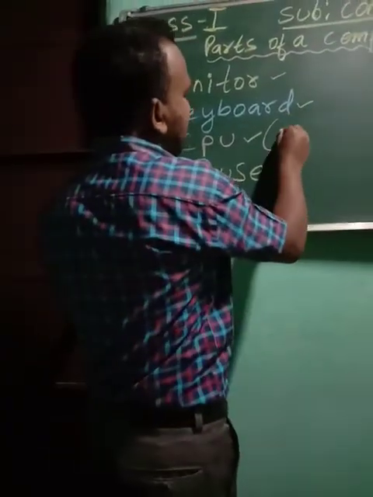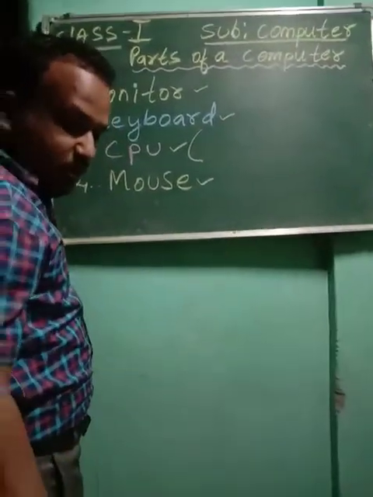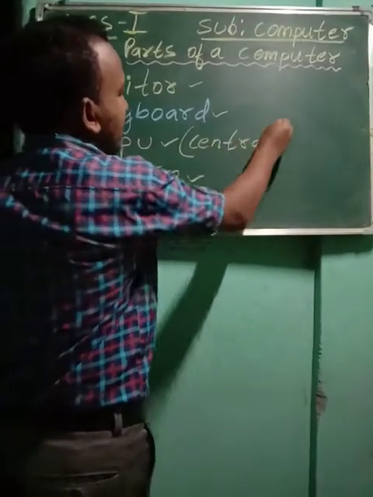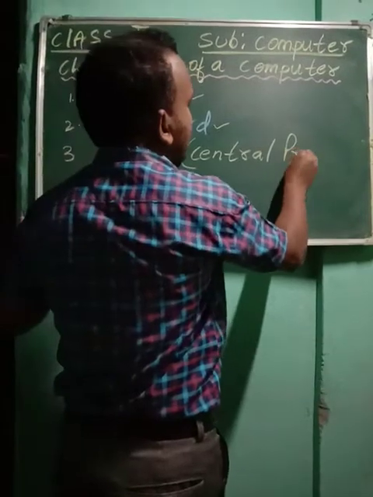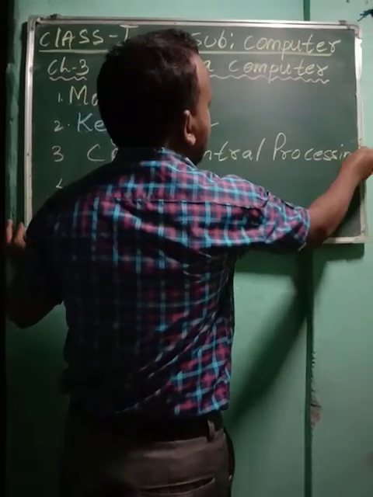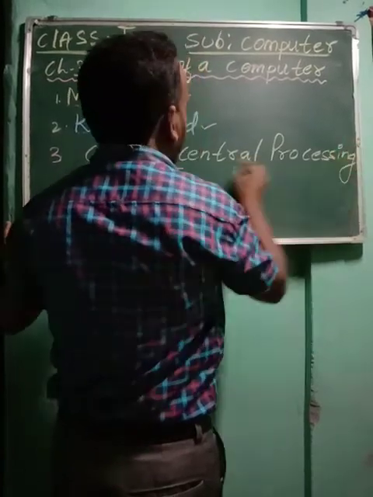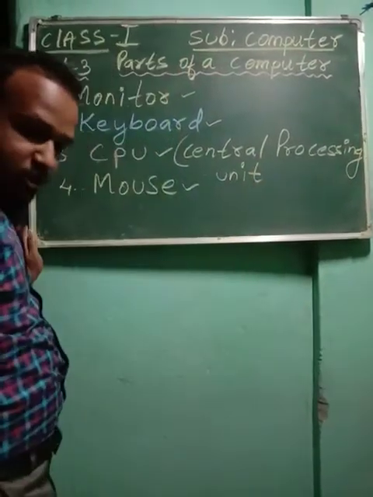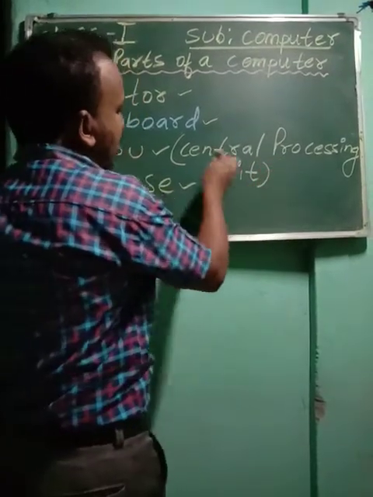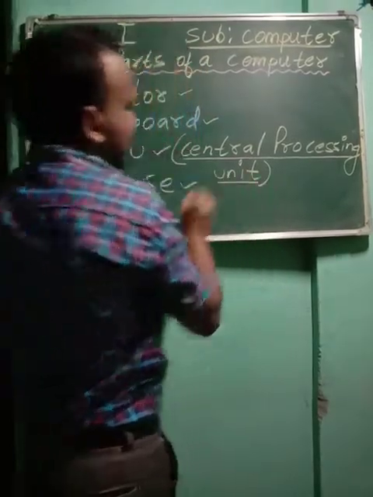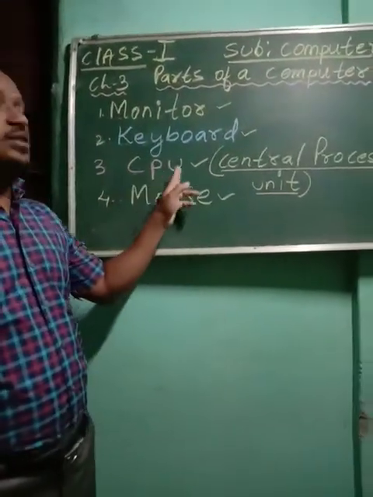So we can write it. Okay, I am writing for you all. Let's look. It is Central, CENTRAL, Central Processing, PROCESSING, Processing Unit, UNIT, unit. So it is your Central Processing Unit. This is the full form of CPU.